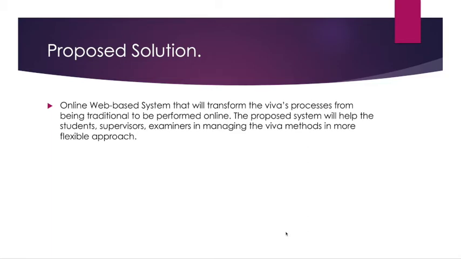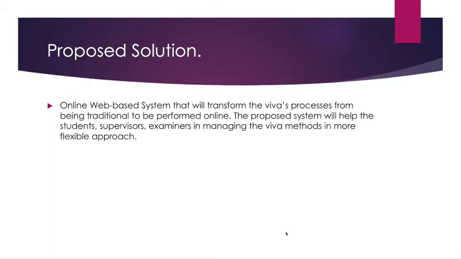The student will be able to see his information and edit it. Also, the student can fill in the nomination report and upload it for the supervisor to check. Also, the student will be able to see the examiner's information, such as the name, status, field, and email.